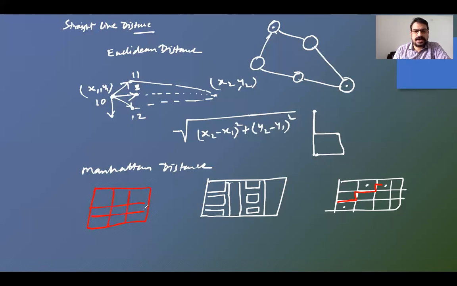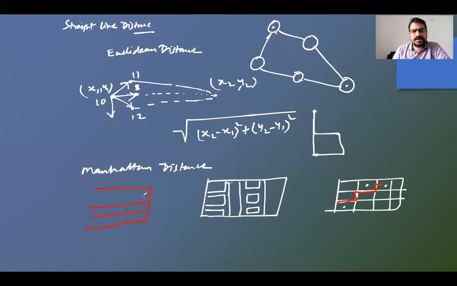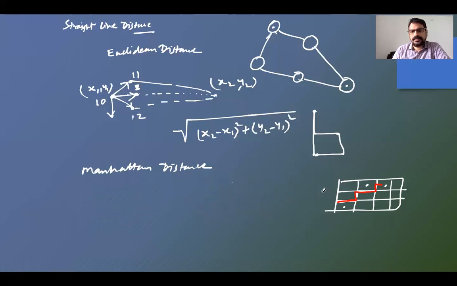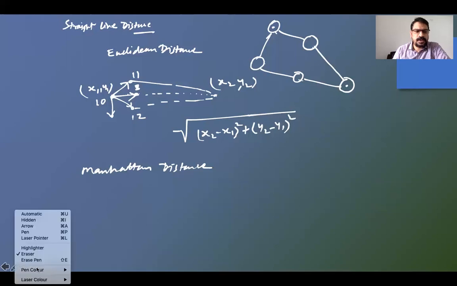Okay. So for that, we'll use this Manhattan distance. So how will we calculate the Manhattan distance in the 8 puzzle or the 15 puzzle problem, where we have the tiles available and we have to reach from one state to another goal state?